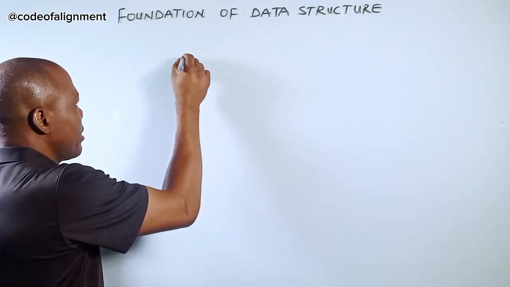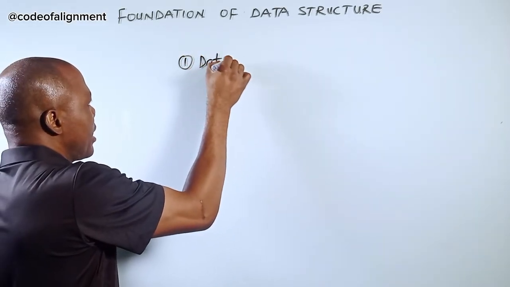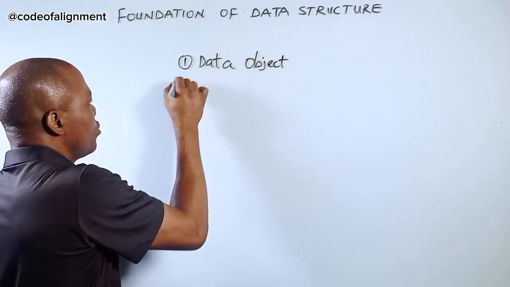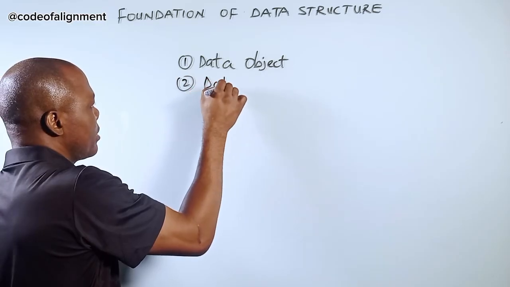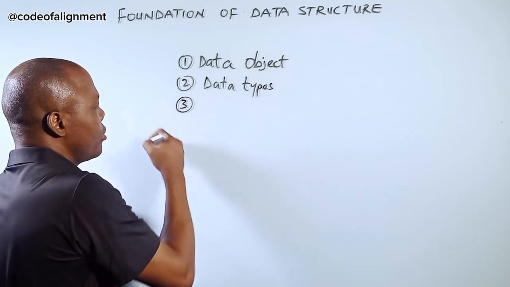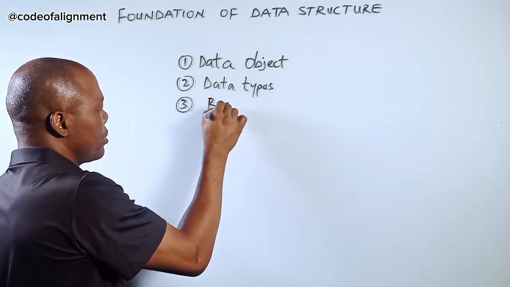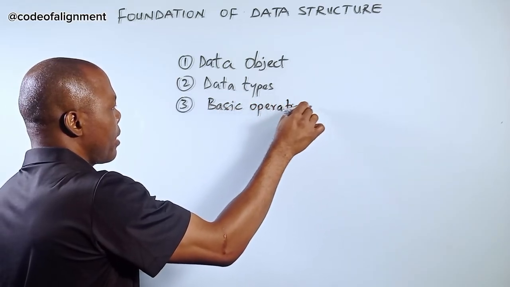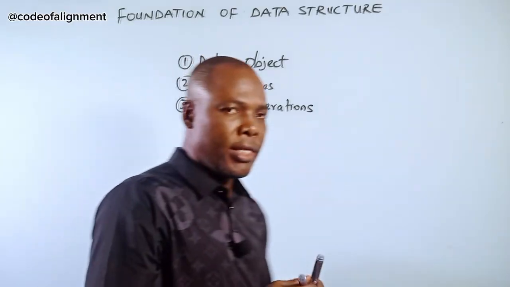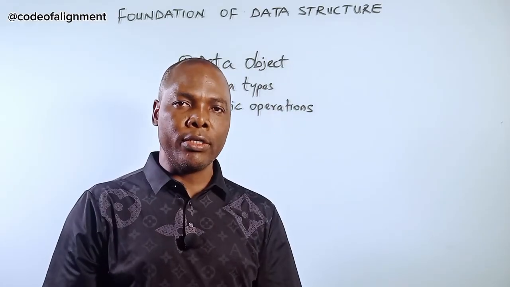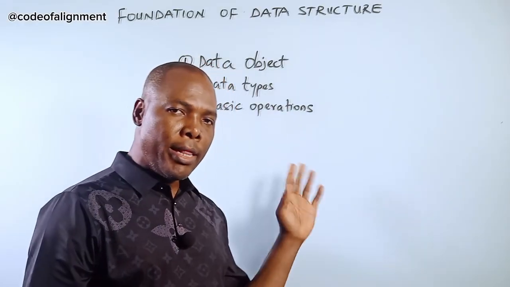So in this class, we are going to look at one, data object, two, data types, and three, basic operations on data. So these are the three things we are going to look at, considering what? The foundation of data structures and algorithm. So without wasting much time, let's begin.